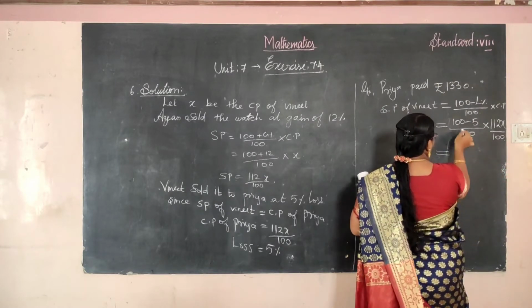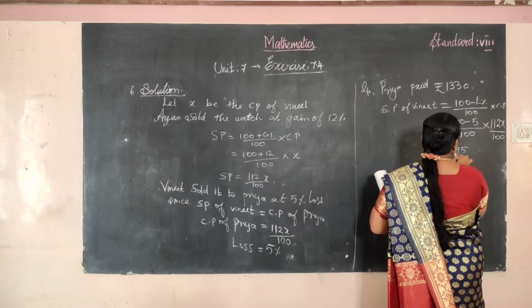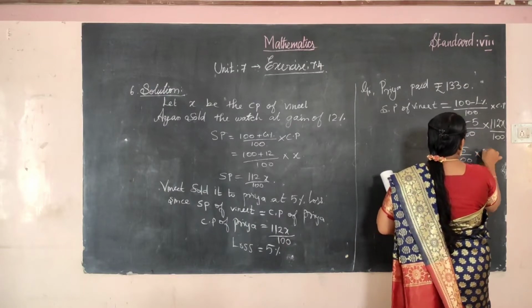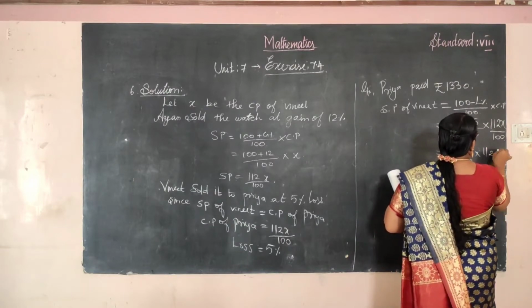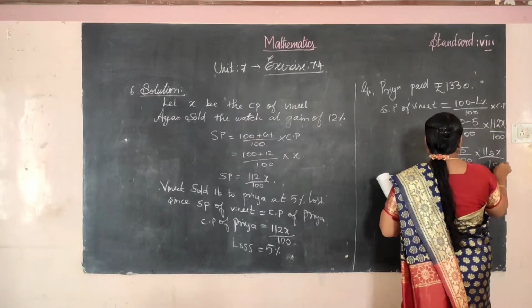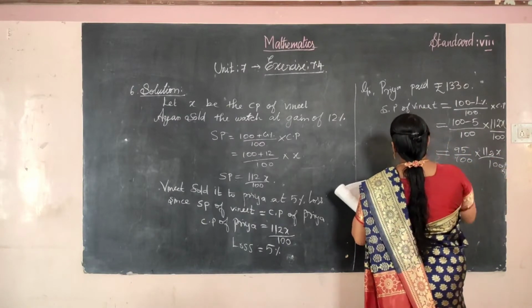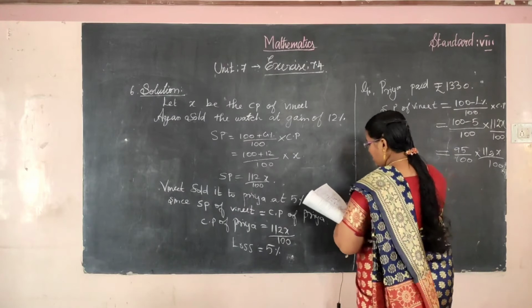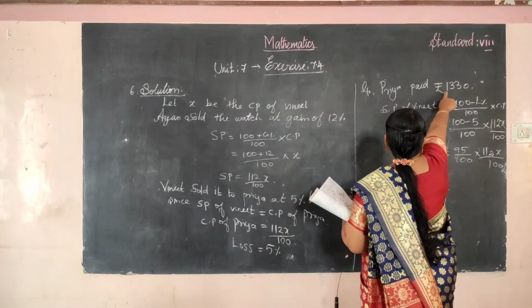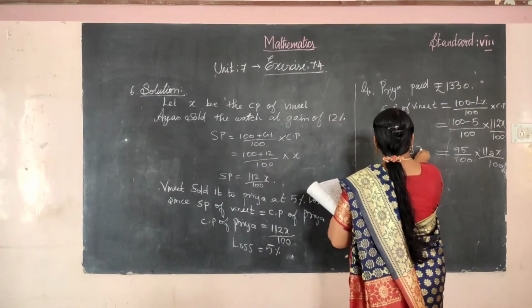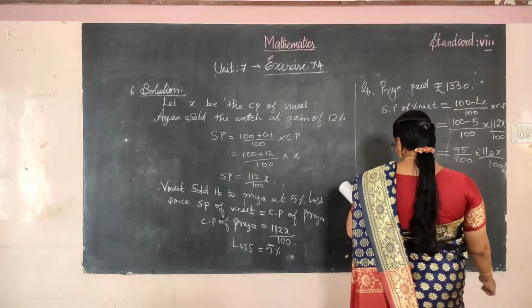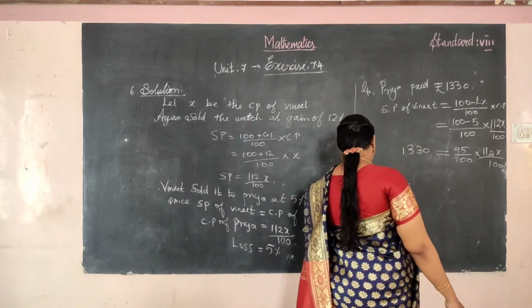So 95 by 100 into 112x by 100. The selling price of Vinit and the cost price of Priya are the same, so Priya paid 1330 rupees.